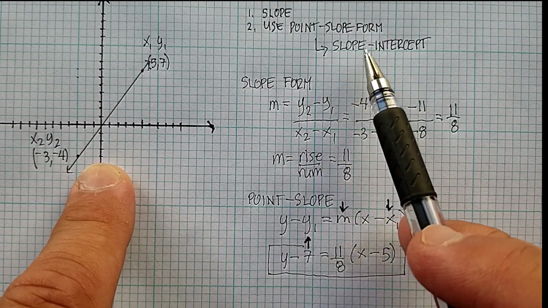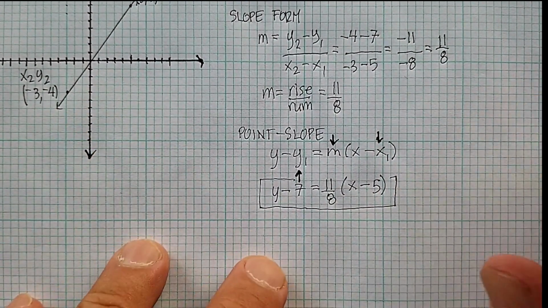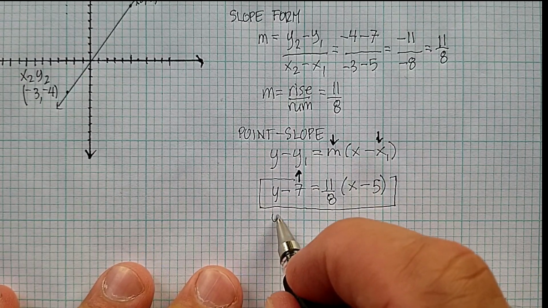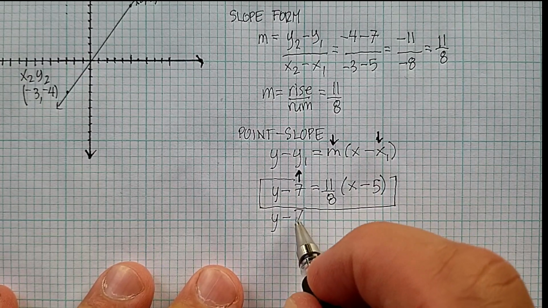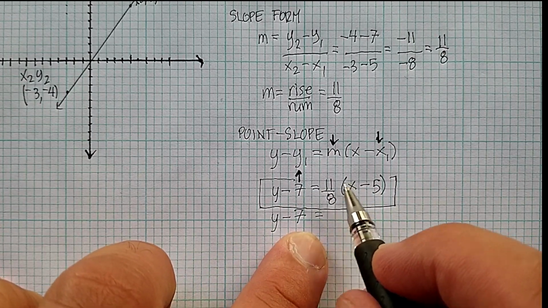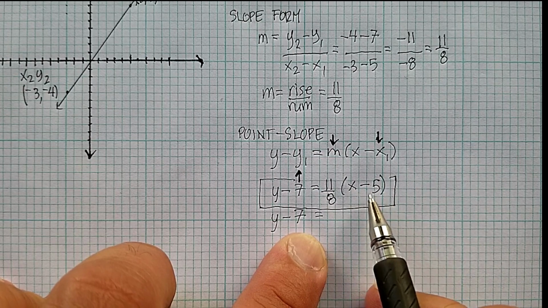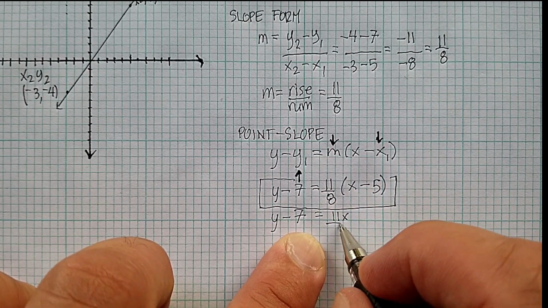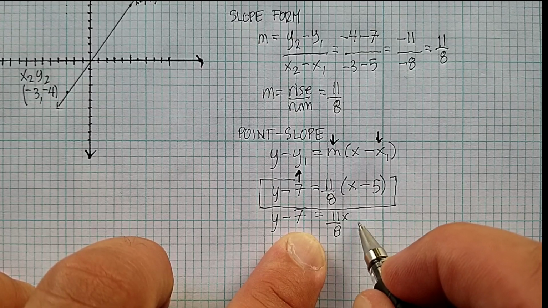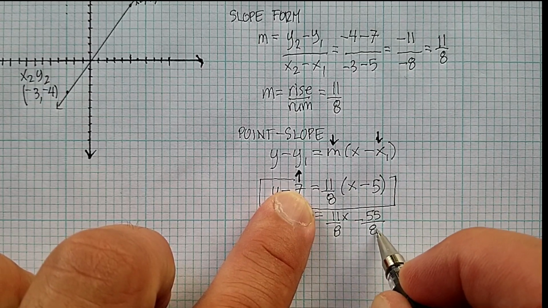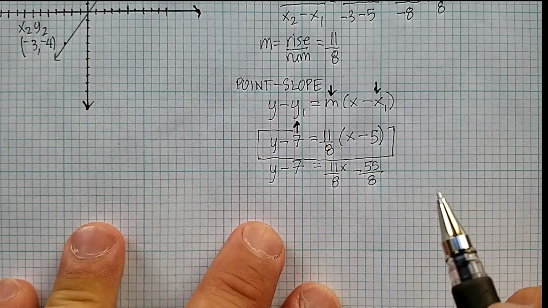Now, I wanted to do one last thing. I was going to change that point slope form to the slope-intercept form. It's really fairly straightforward how to do that. Let's just go back to our equation, y minus 7. Let's distribute 11 over 8 into the parentheses. So I'll get 11x over 8 minus 55 over 8.